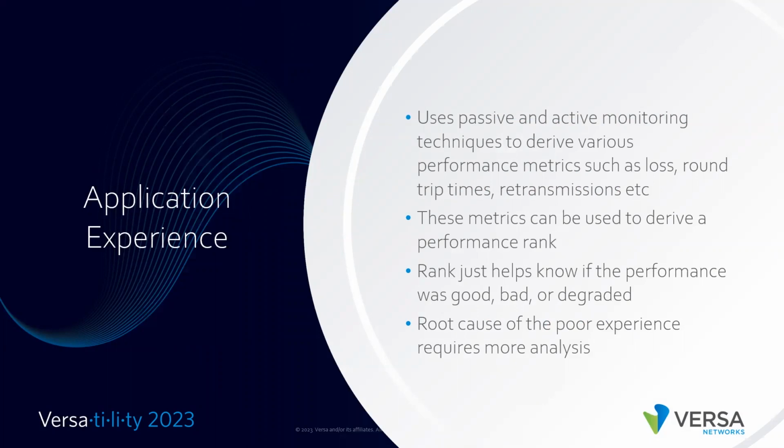And in case of active monitoring, we periodically monitor the destination server using wget, ping, etc. And all these metrics can be used to derive a performance rank. This performance rank can help you know whether the application experience was good, bad, or degraded. However, why it was bad or degraded requires further analysis.